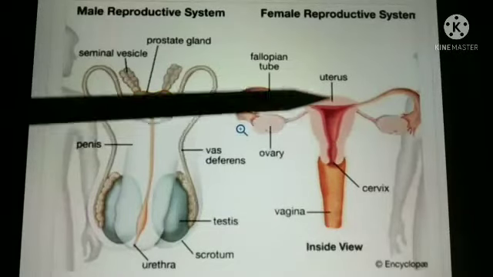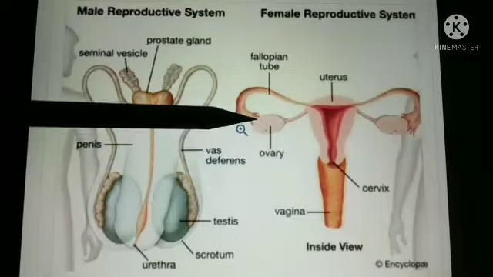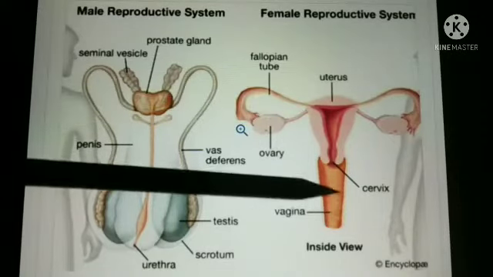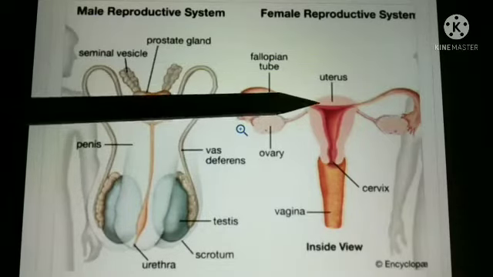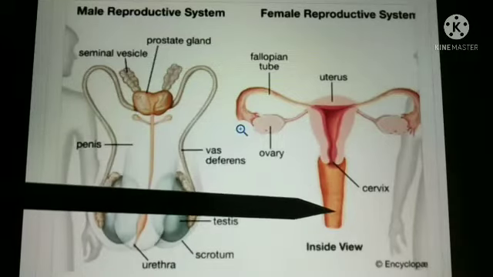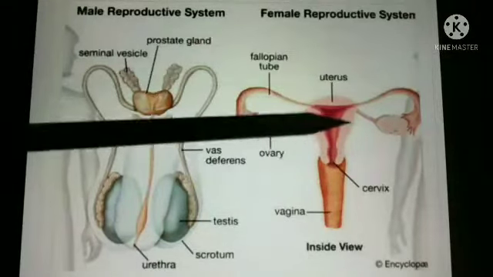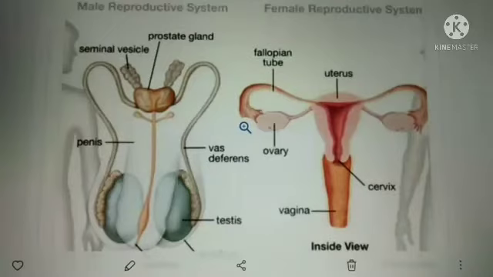Every month a woman's ovary releases an egg cell. This process is known as ovulation. Every month a woman's ovary releases an egg cell into the uterus, and through the uterus to the vagina and to the outside of the body. So this process of releasing the egg cell is called ovulation.